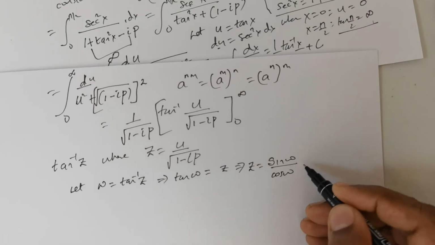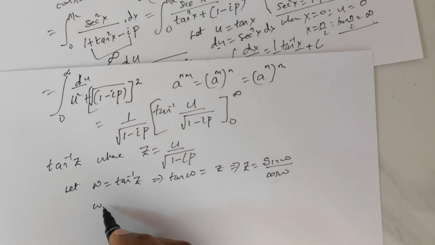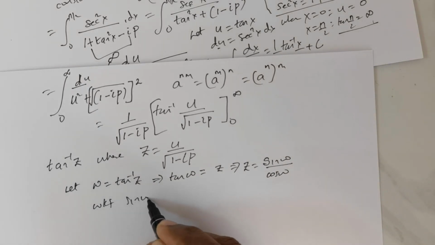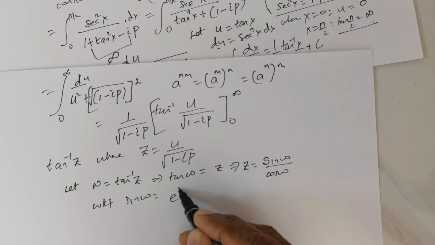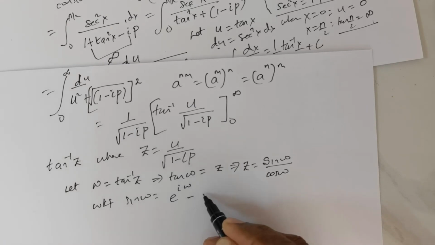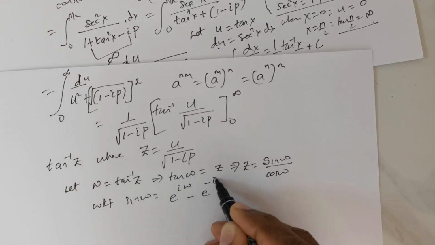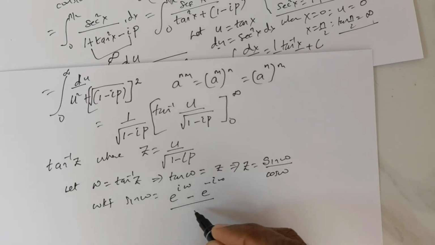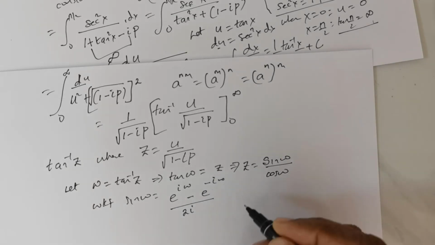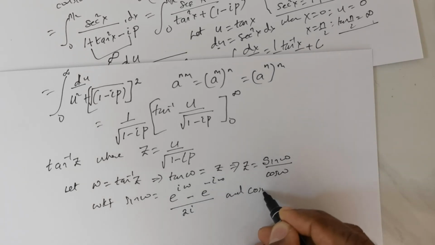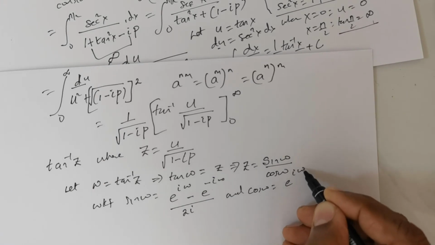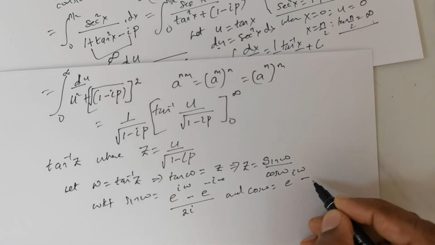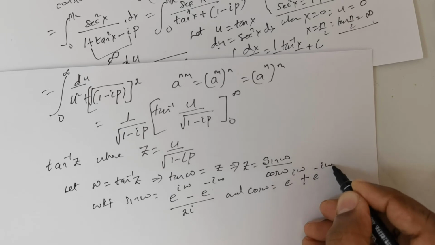Since we are dealing with complex numbers, sine omega is e raised to the power of i omega minus e raised to the power of negative i omega, divided by 2 times i, and cos omega is e raised to the power of i omega plus e raised to the power of negative i omega, divided by 2.